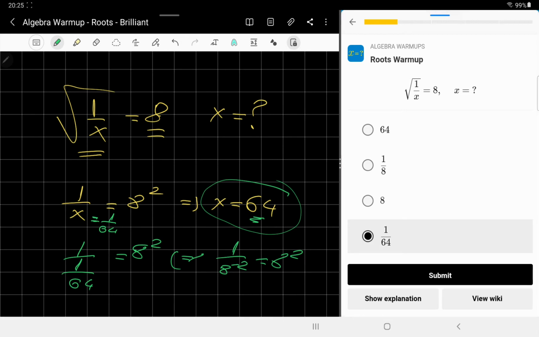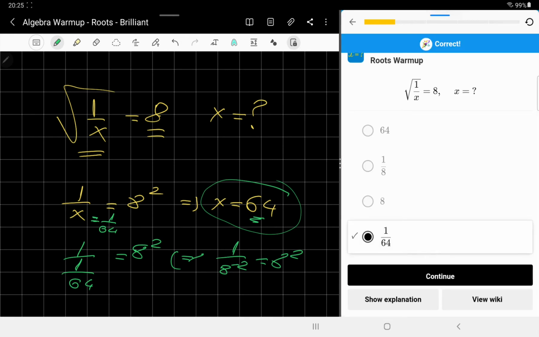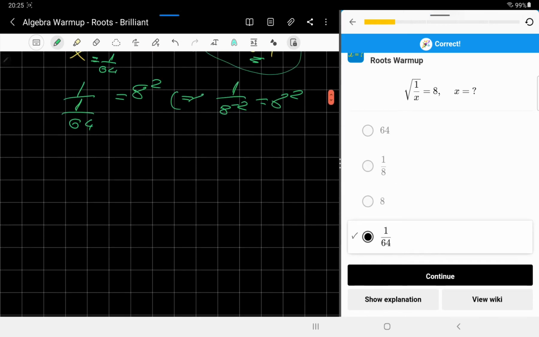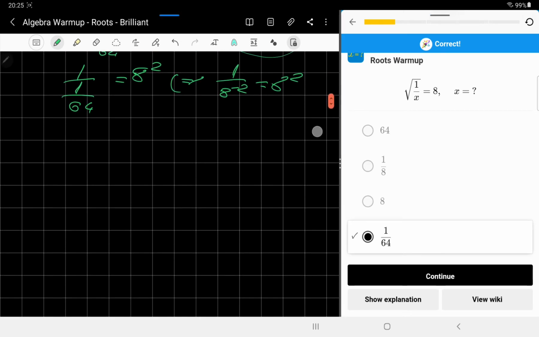So without further complicating this, x equals 1 over 64. All right, let's move on to the next one.